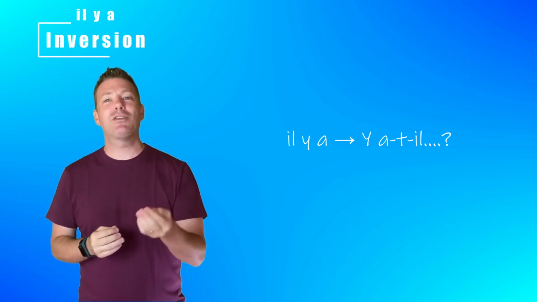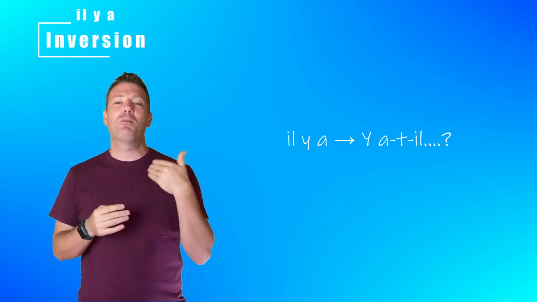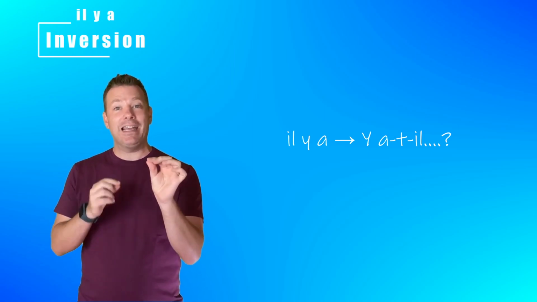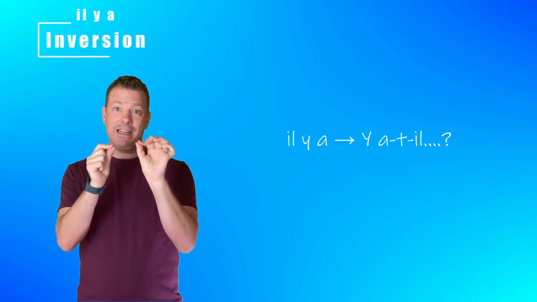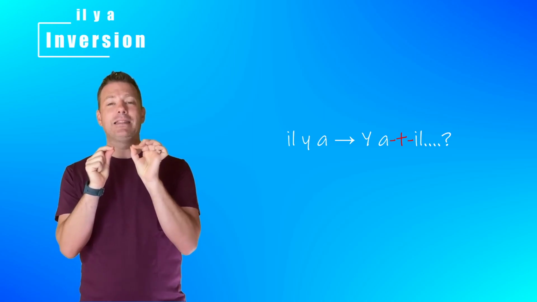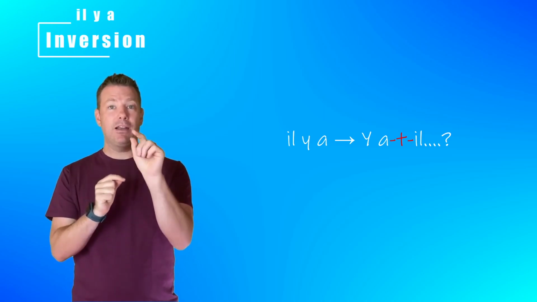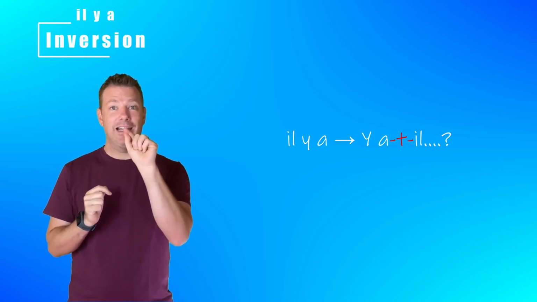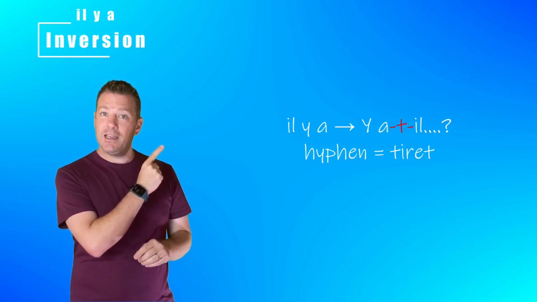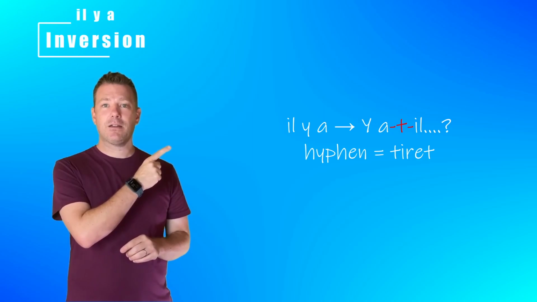Yes, French speakers' biggest fear. So to bypass this issue, we need to connect a and il, okay, the a and the il, with a T. So you need to add a T in between, okay? And don't forget the hyphens, okay? Les tirets en français.